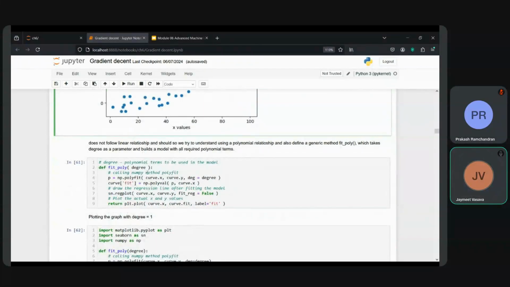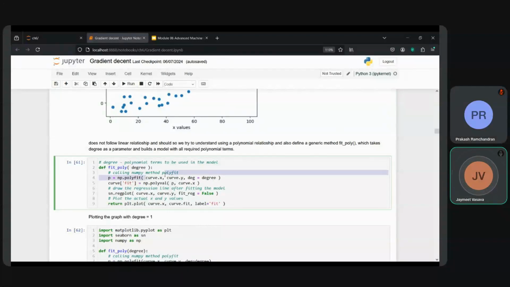So we defined a function called fit poly, which takes the number of degrees of the polynomial, and within that we used polyfit, which takes the x values, y values, and the degree used.